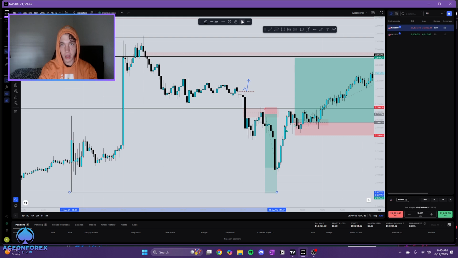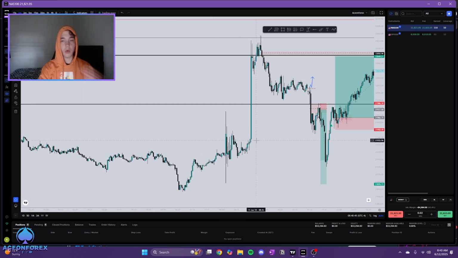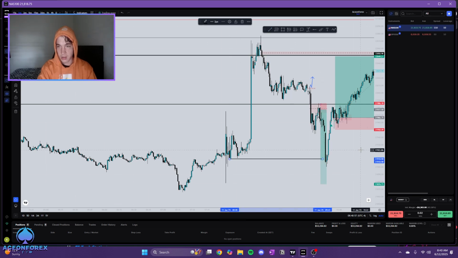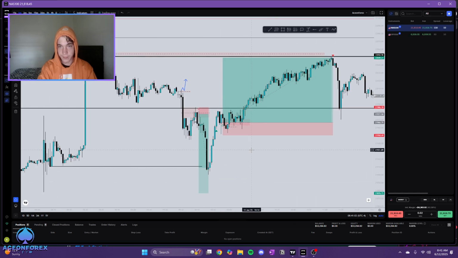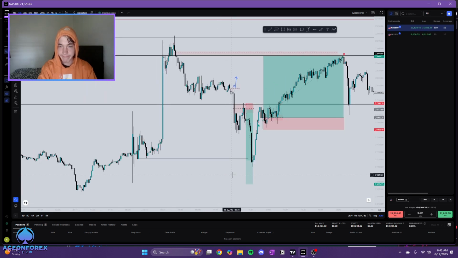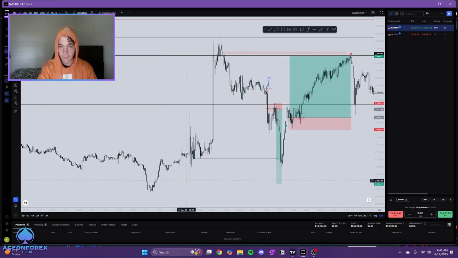Double tops, double bottoms, because we know retail is trading off those double bottoms, double tops, right? Double anything is an automatic target. I did not even see this when I was trading. I would have set my take profit right here, and you see it would have got smashed. RIP.